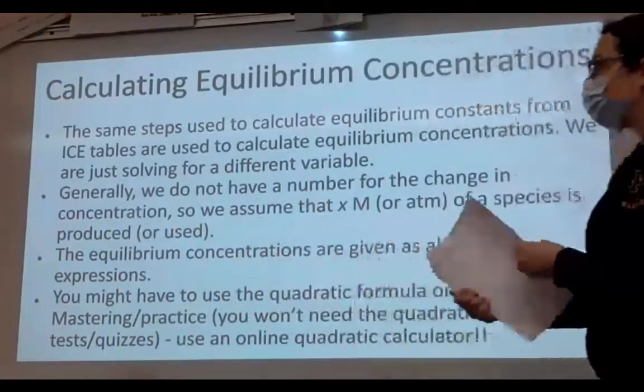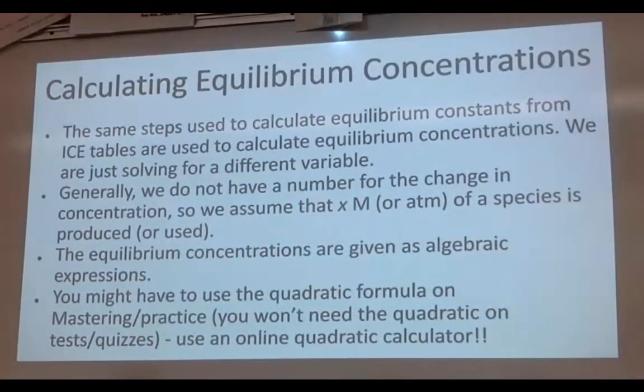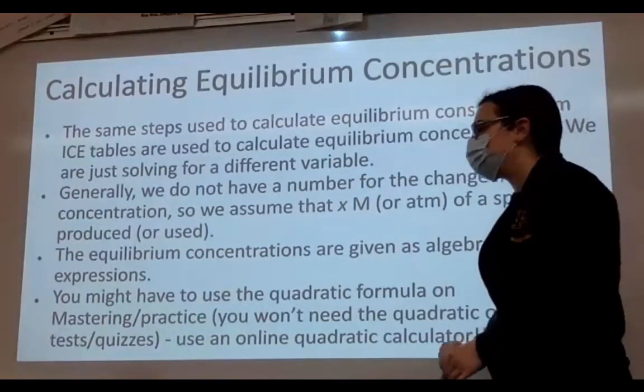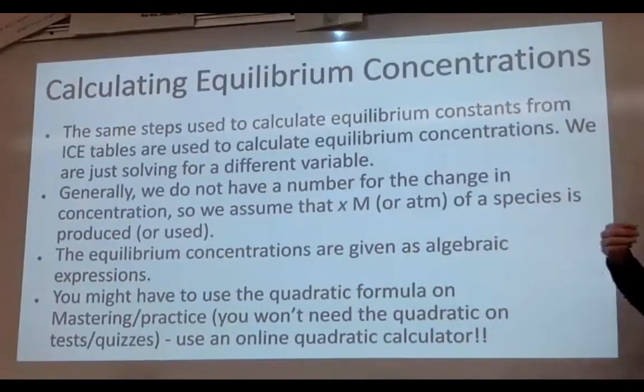So calculating equilibrium concentrations, this information in the notes is on page 7. We have looked at ICE tables. We looked at calculating using ICE tables when we had an initial and an equilibrium amount. We could figure out the change, plug in, and solve for the equilibrium constant.